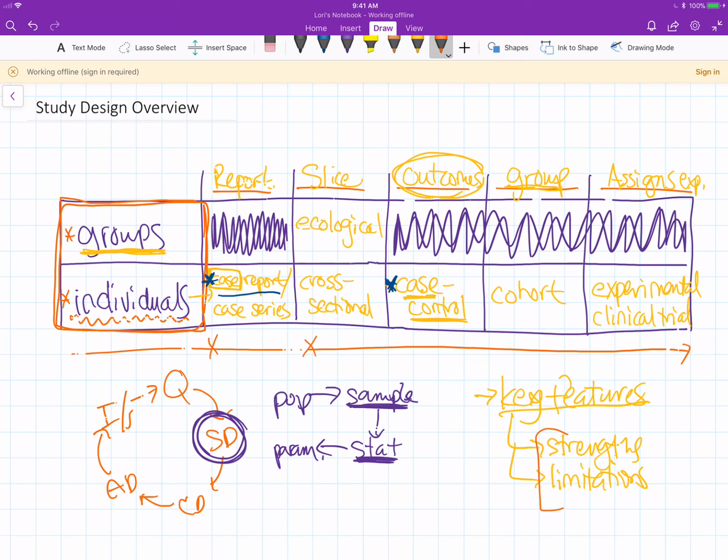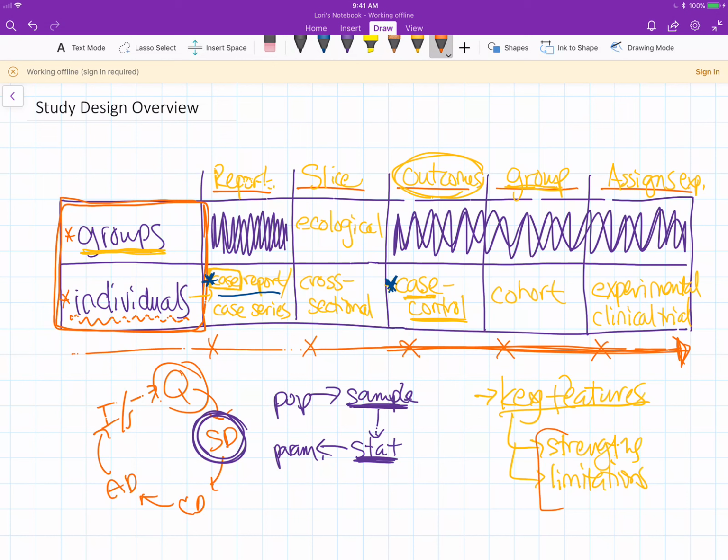But as we're getting farther up, farther to the right here, these are becoming stronger and stronger and stronger evidence in terms of the kinds of questions that we're asking, the research that we're actually doing. And so the strength of evidence increases as we go from left to right. So experimental studies are considered the strongest level of evidence.